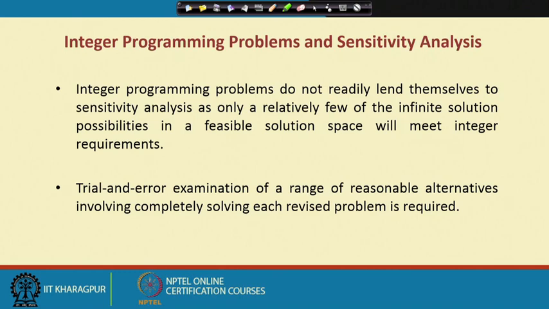If you go manually, for simple problems you go by the primal solution using the simplex mechanism, and then you have to check whether the solution is optimal and integer type. If not, then again we have to add a constraint, either by the cutting plane mechanism or the branch and bound mechanism, and then start the iterative process again till you get an optimal solution which is integer type.